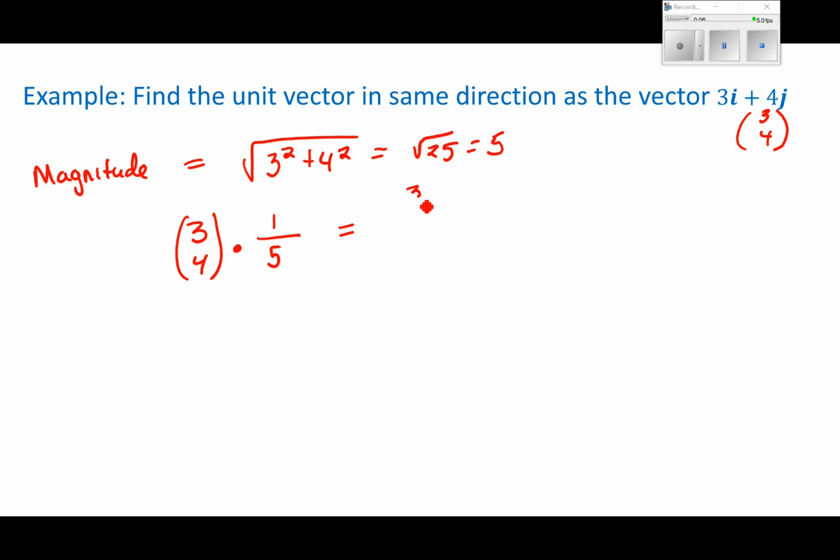So this becomes 3/5 and 4/5. So this is our unit vector in the same direction as 3i plus 4j. The original has a magnitude of 5. This has a magnitude of 1.